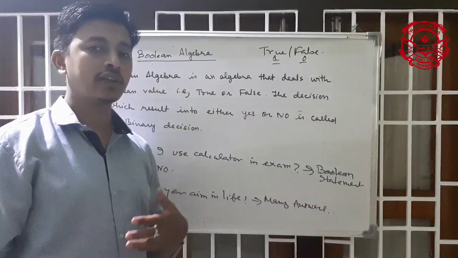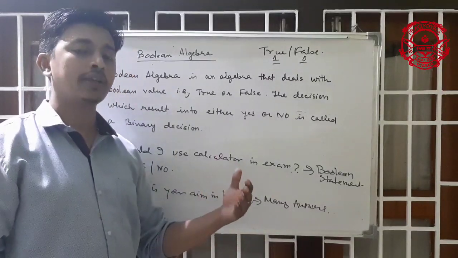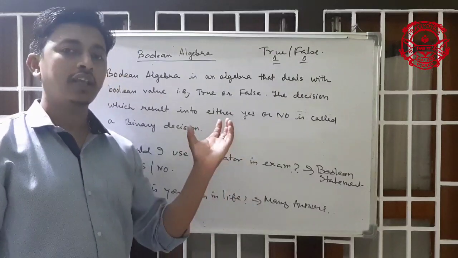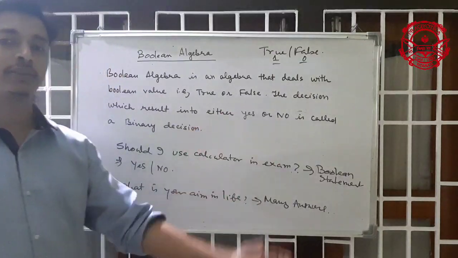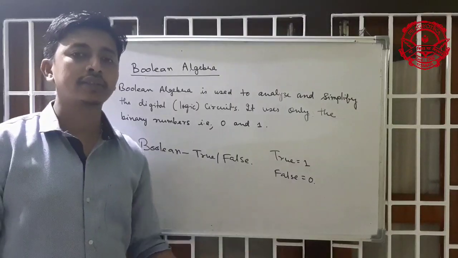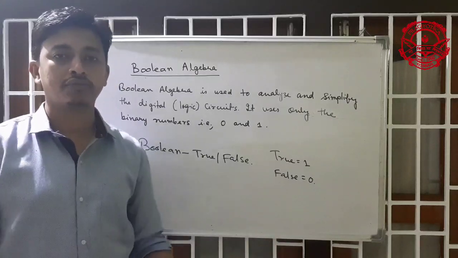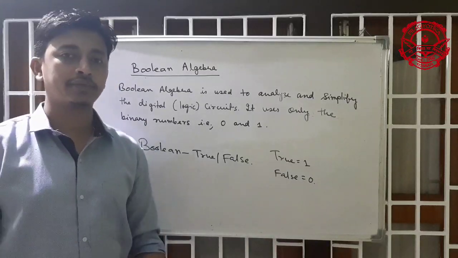They understand only on and off. That's why Boolean algebra is also called logical algebra. In the book you can see a computer only understands two things: on, off, positive, negative.